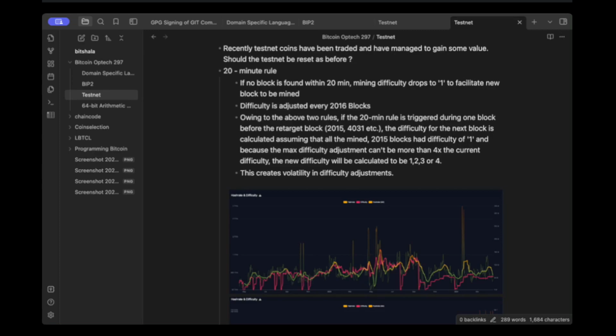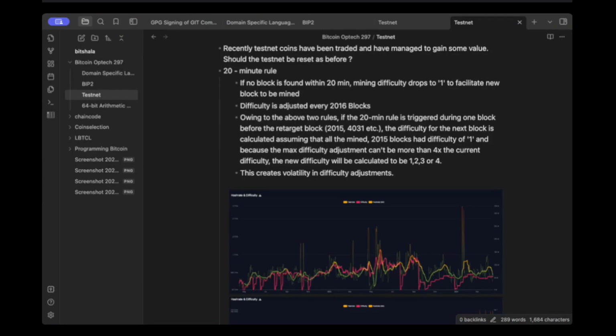The blockchain looks back and tries to calculate the difficulty of the last epoch, the last 2015 blocks. Because all blocks are valid and the difficulty of the last block is set to 1, the algorithm takes the difficulty of the entire previous epoch to be 1, and it will try to adjust the next epoch's difficulty based on the value 1.